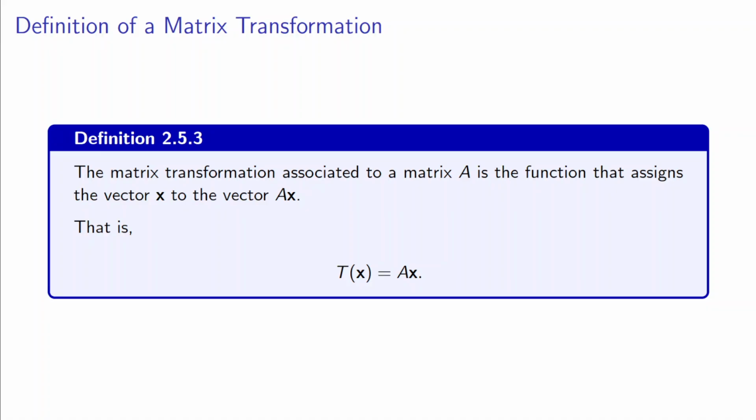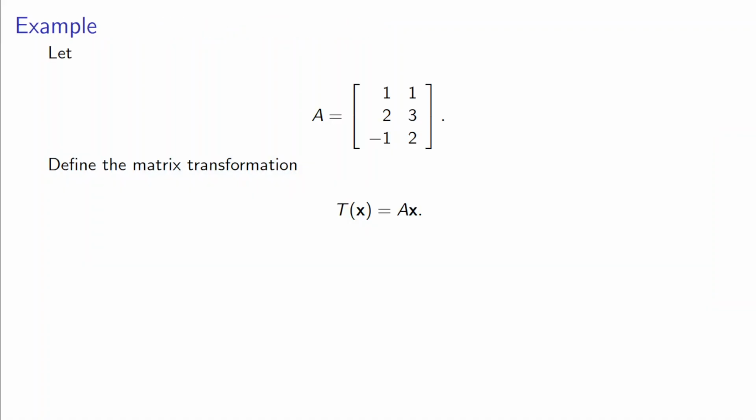However, our input here, x, is a vector, and our output, Ax, is also a vector. So we've got this function T that doesn't just take numbers to numbers like we might be used to for functions, but instead takes vectors to other vectors. And the way it does that is by multiplying the input vector by the matrix A.